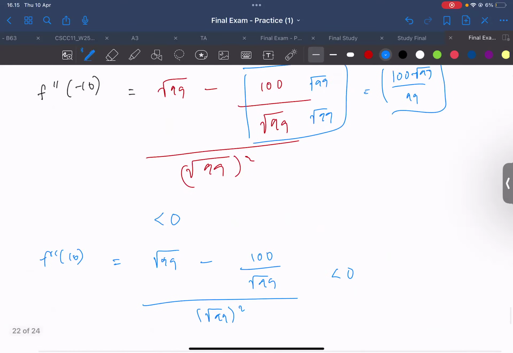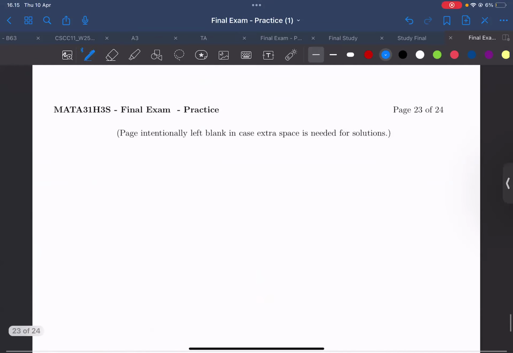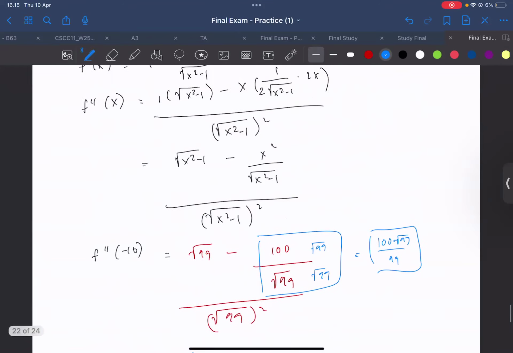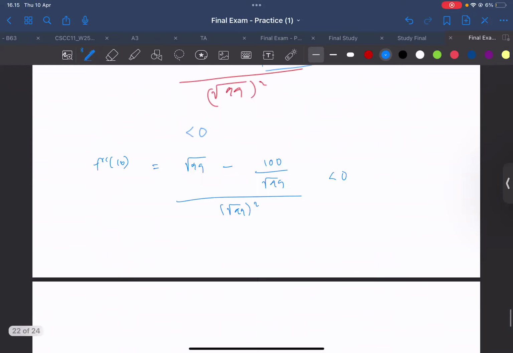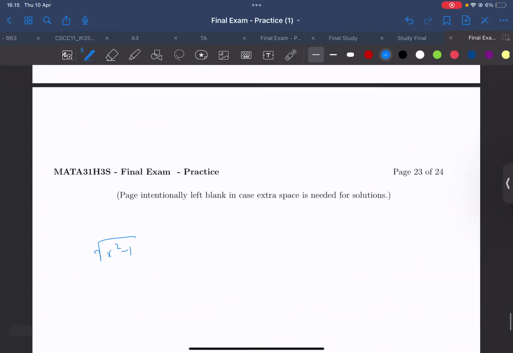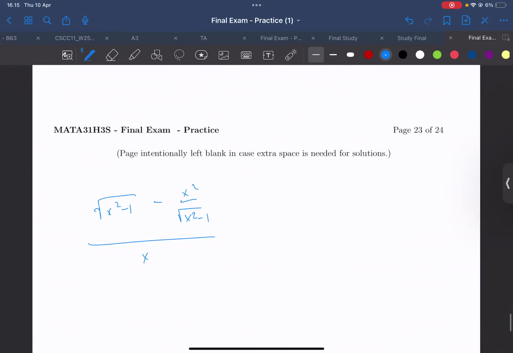If you want to find the point of inflection, you just equate the second derivative to 0. The second derivative is square root of x squared minus 1 minus x squared over square root of x squared minus 1 over x squared minus 1, I think.